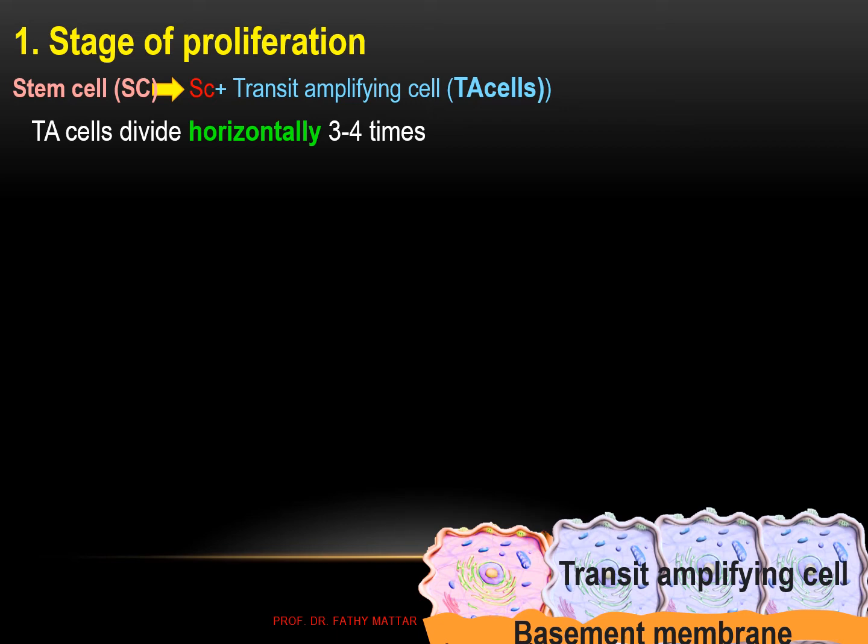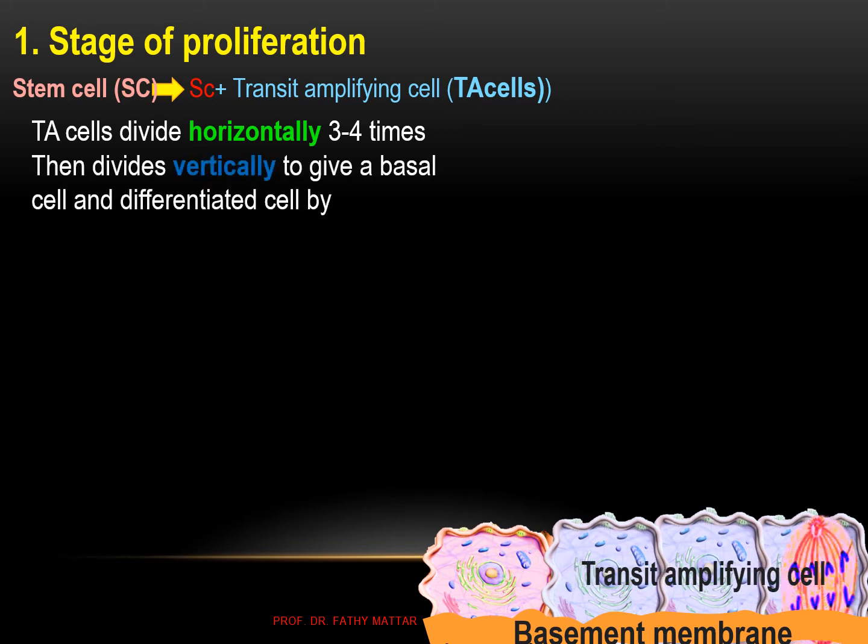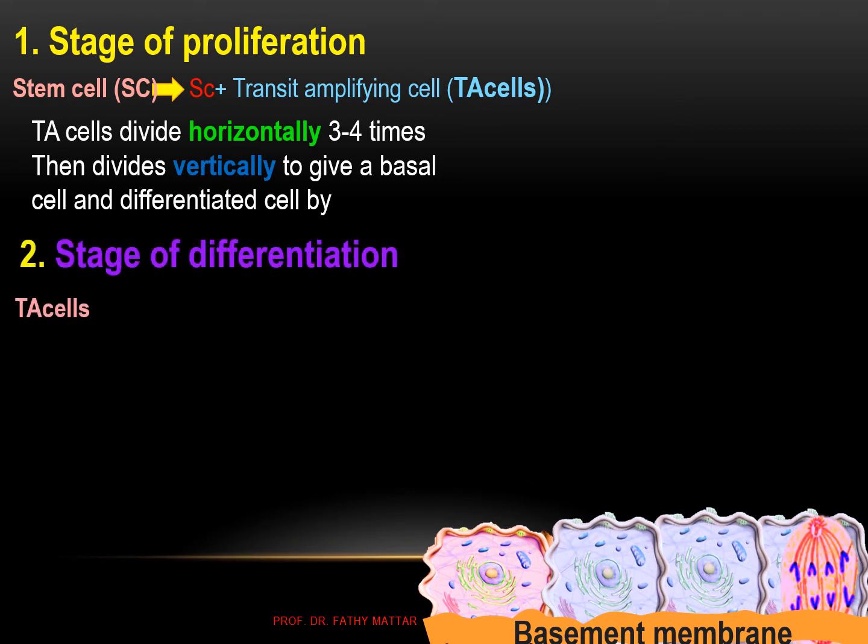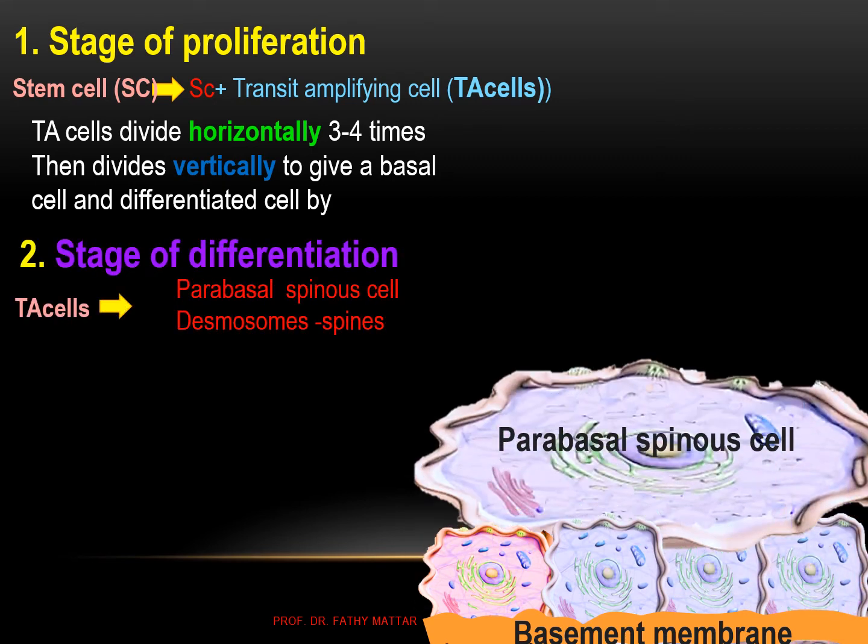These transit amplifying cells, after 3 or 4 times of division, start to divide vertically, and this vertical division results in the formation of differentiated parabasal spinous cell, which is not connected to the basement membrane or basal lamina, and another one which is still connected to the basement membrane.